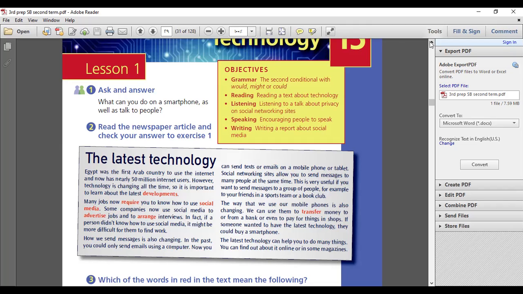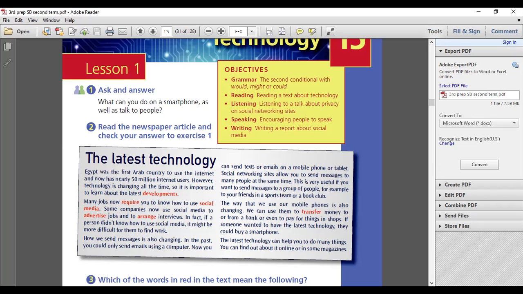The way that we use our mobile phone is also changing. We can use them to transfer money to or from a bank, or even to pay for things in shops. If someone wanted to have the latest technology, they could buy a smartphone. The latest technology can help you to do many things. You can find out about it online or in some magazines.